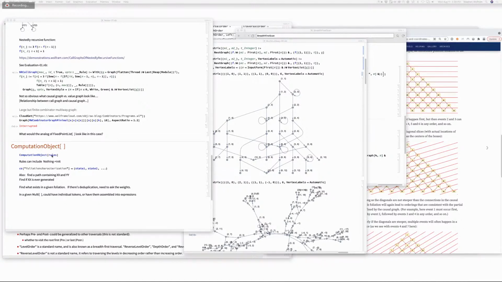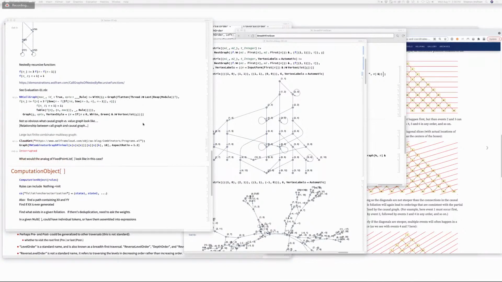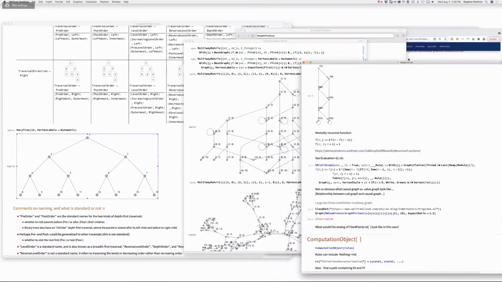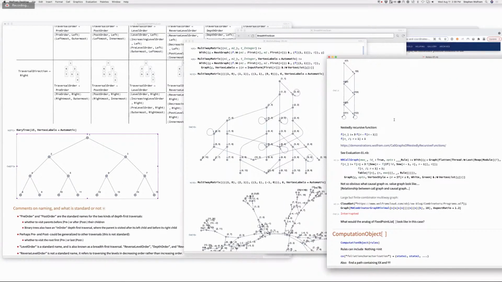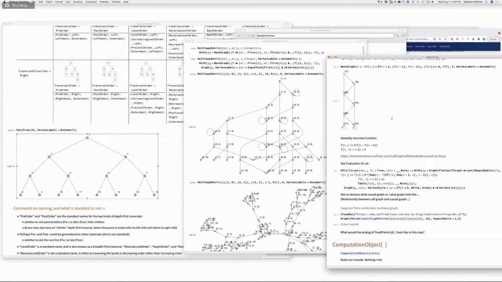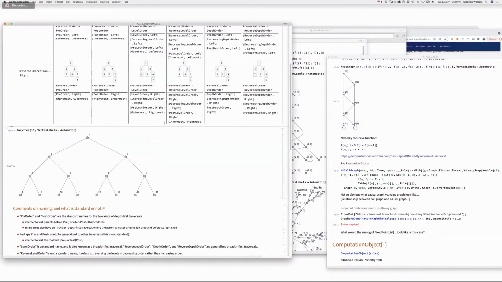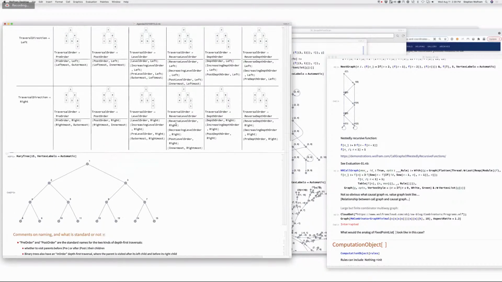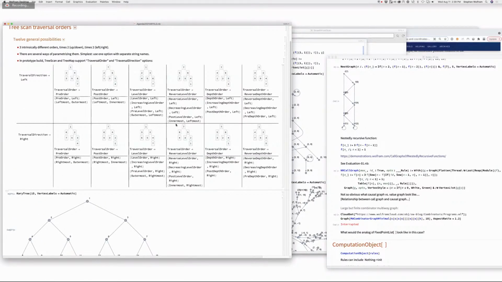So the whole point of a computation object. Boy, it's complicated here. Okay, let's look back at what you've got. But you understand what I'm trying to connect this to? Yes? No? Maybe? I think I see the generalization, and I was planning that this would be one of these cases in which we have a functional notation for the fully general case and then some named cases, which are much simpler.